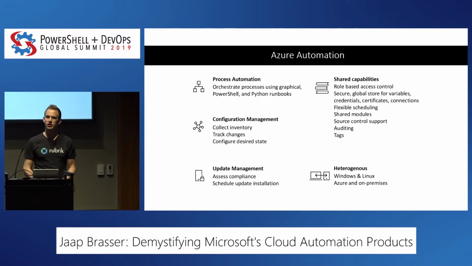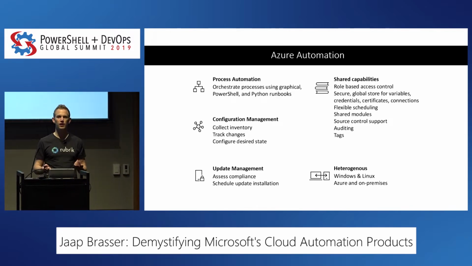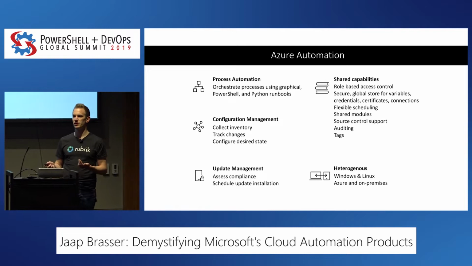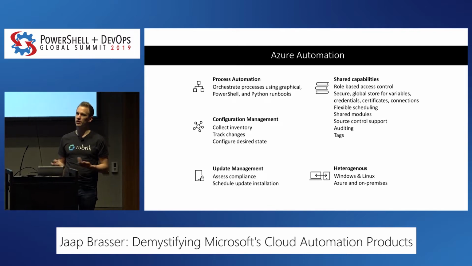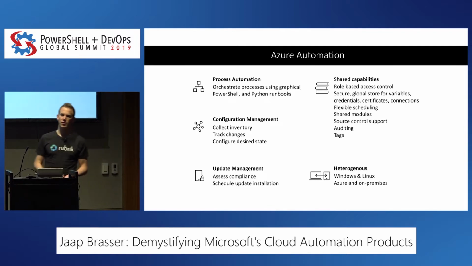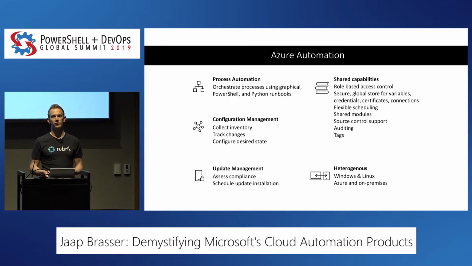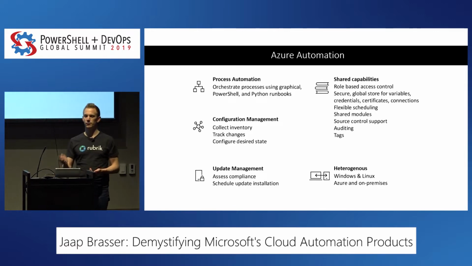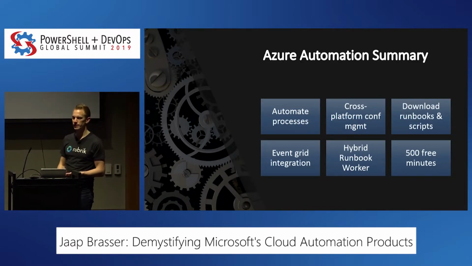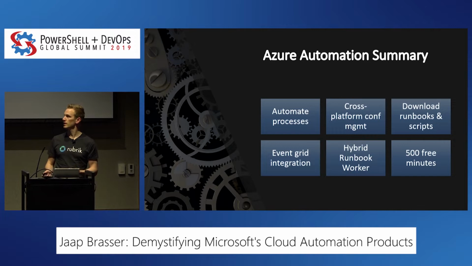The cool thing about Azure Automation is there are a lot of example scripts out there that you can directly start using. So if you want to get started with Azure Automation, all the examples are out there. I think it's mostly suited for configuration management, the slightly longer running tasks.